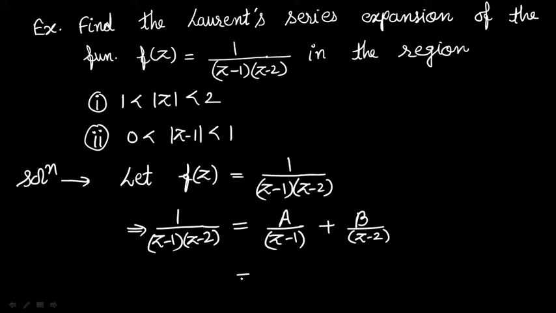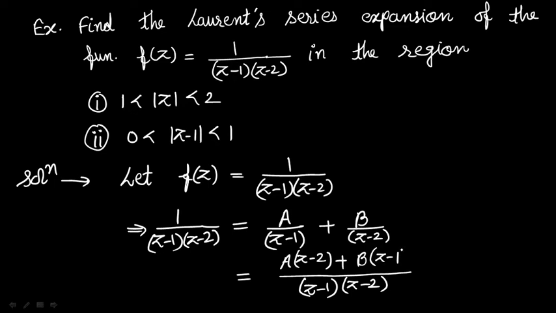For solving this, we take the LCM: (z minus 1) into (z minus 2), and in the numerator, a into (z minus 2) plus b into (z minus 1). Here we give equation number 1, and the left hand side of this is the f of z value.